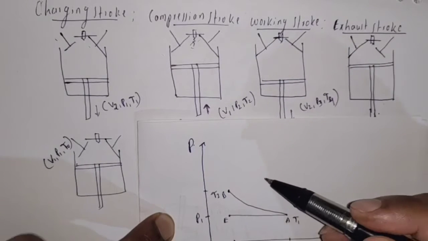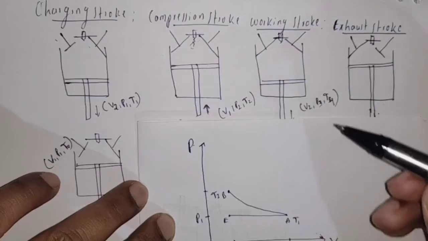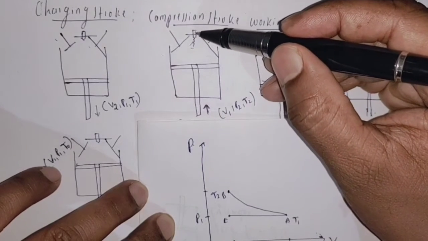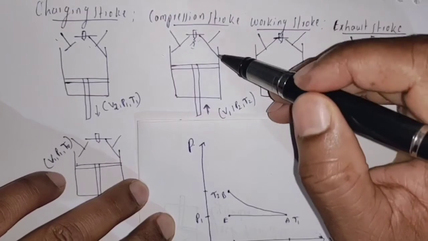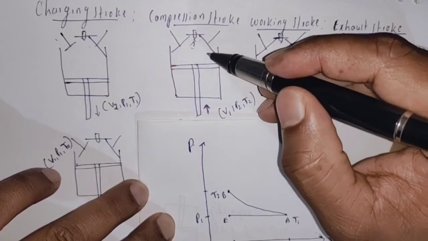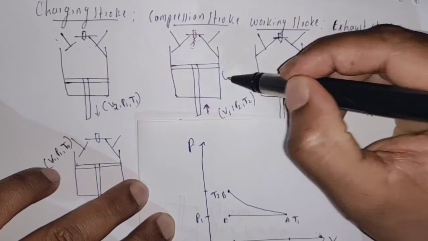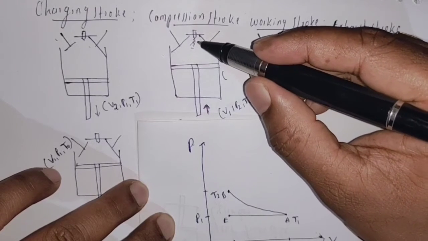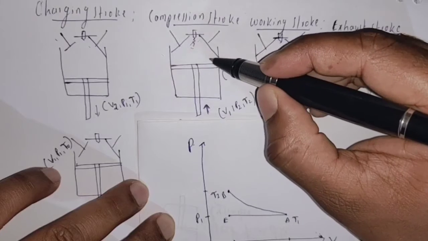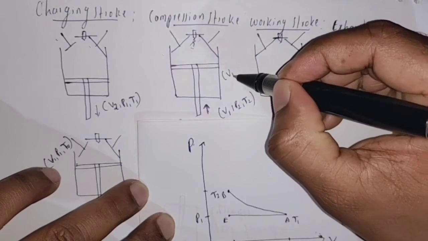One more thing: at the end of the compression stroke the spark plug produces a spark, and because of this there is again an increase in temperature and an increase in pressure, but the volume remains the same.